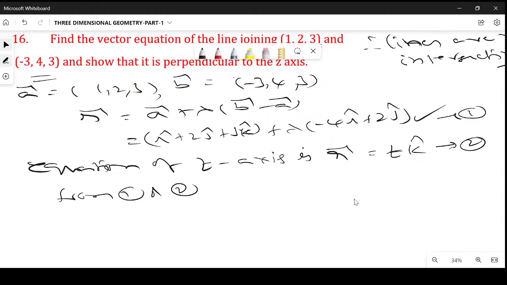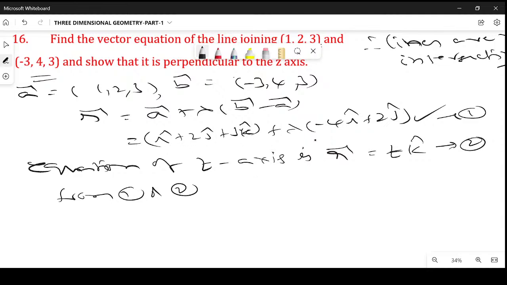Applying the dot product: r bar can be rearranged, so what is the coefficient?